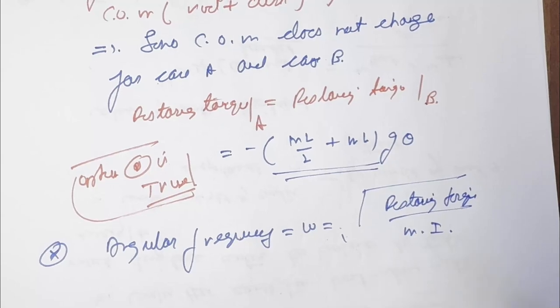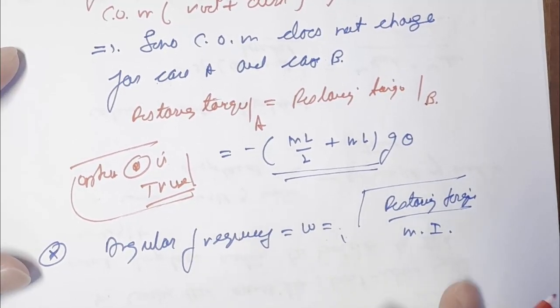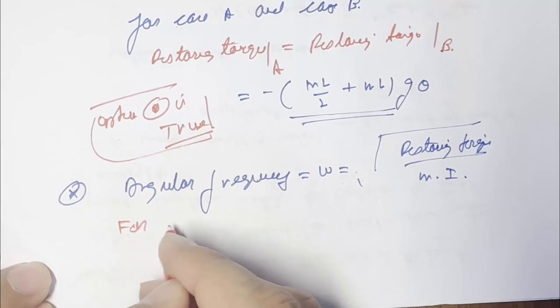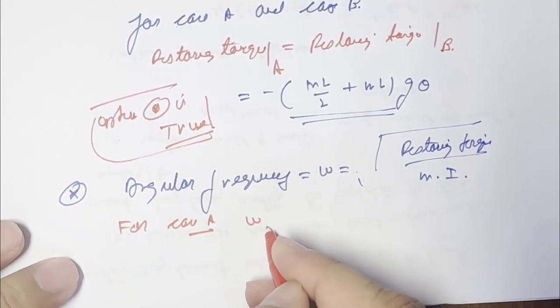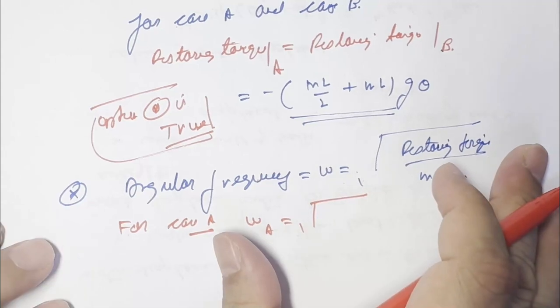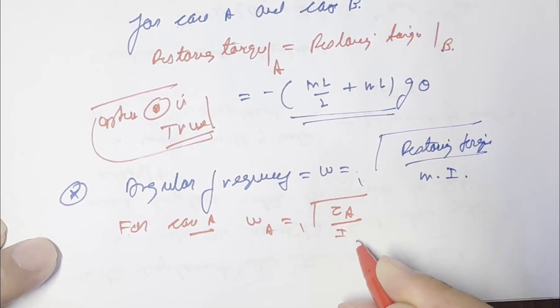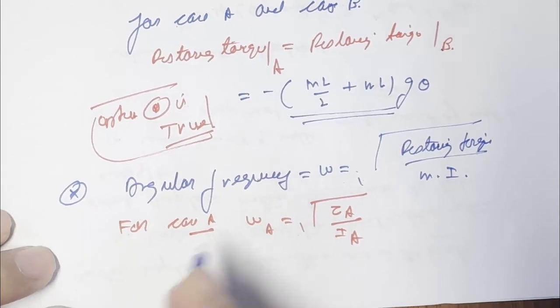So we can write this same formula for case A as well as case B. So we can say for case A, we have omega A will be equal to square root of restoring torque, let us suppose, is given as tau A, and moment of inertia we know is given as IA.